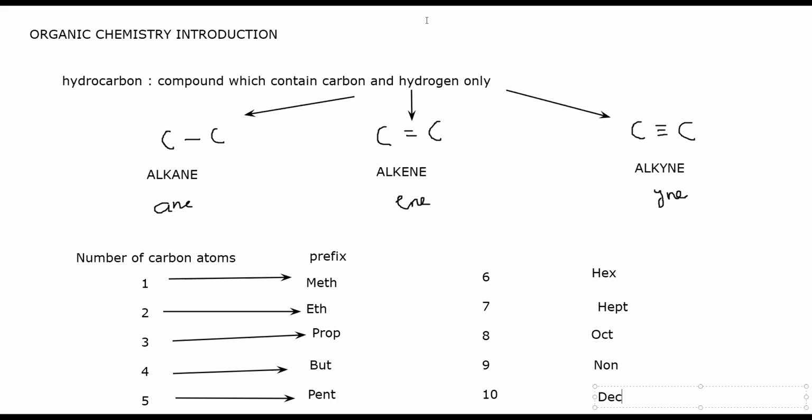So these are the prefixes which we use for the following hydrocarbons. This is the same thing which you already took in O levels. You studied all this thing like the naming of the hydrocarbon. The introduction is the same.